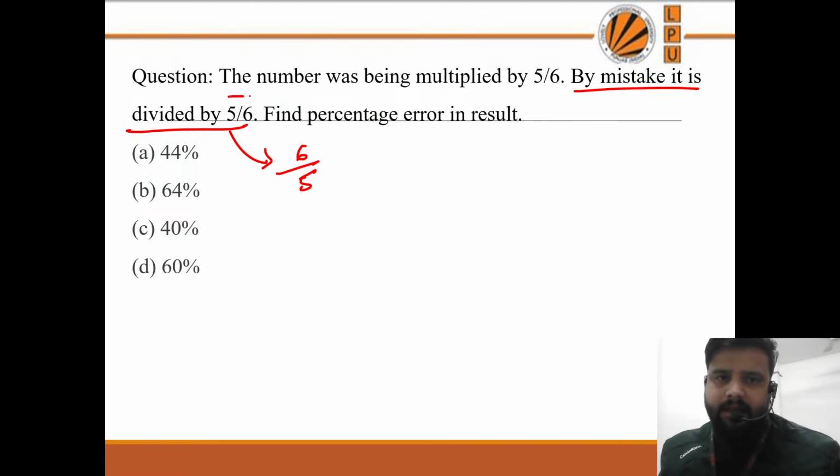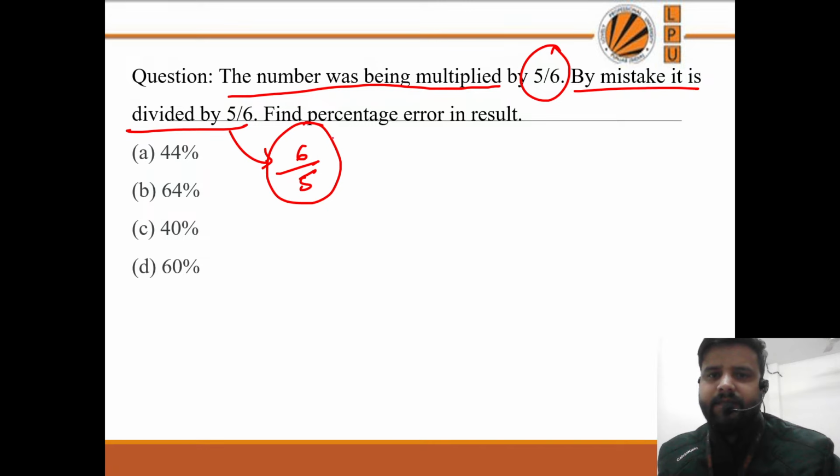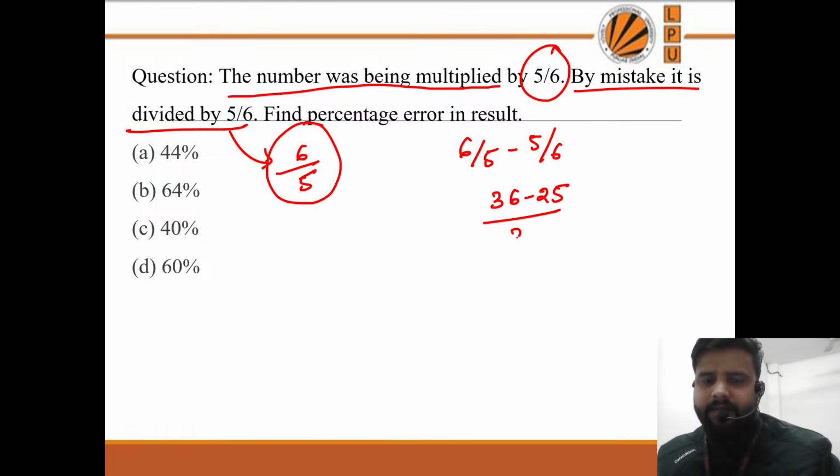See here, the number was being multiplied by 5 by 6, but by mistake you divided it by 5 by 6. It means you multiplied it by 6 by 5. So error here would be 6 by 5 minus 5 by 6. So from here it is 36 minus 25 by how much? 30, isn't it? How much you are getting here? 11 by 30.